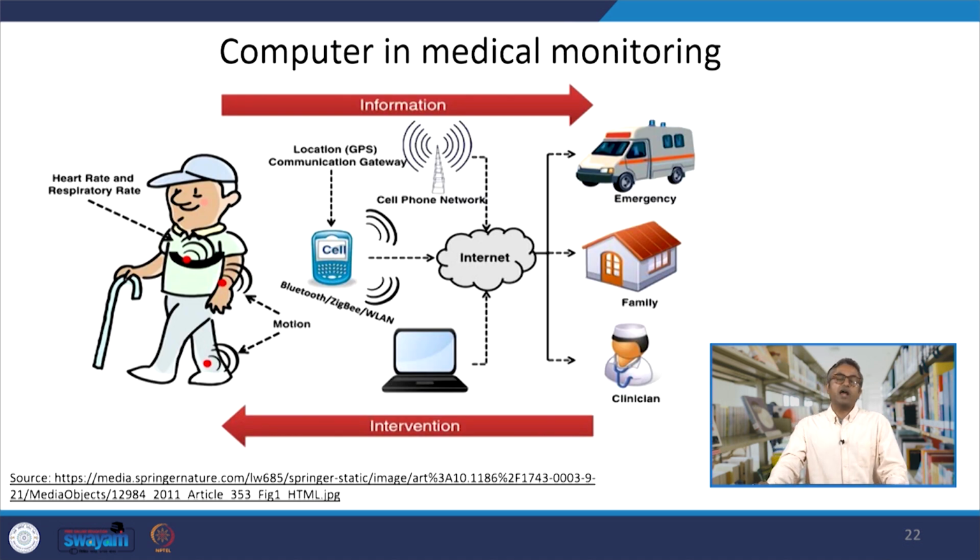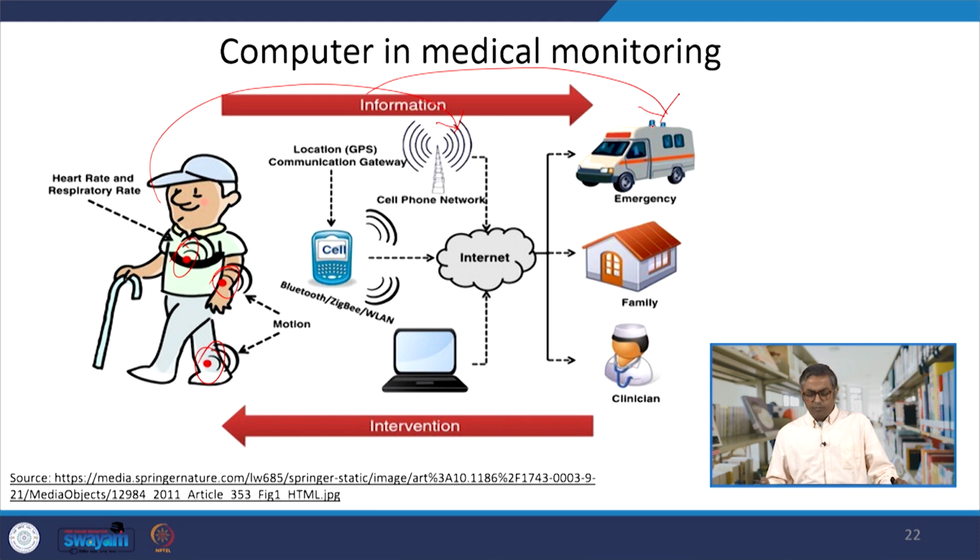For human computer interaction, when we are talking about design thinking, take this example: elderly aid instruments. A device is connected to the wrist, to the ankle, to the heart, sending direct information to the cloud and also sending information at the time of an emergency to the ambulance or to the primary caregivers or secondary caregivers.